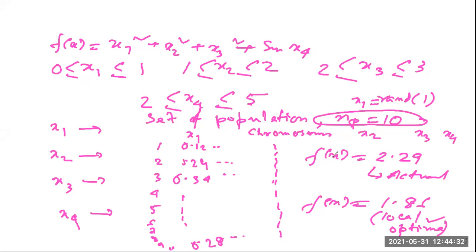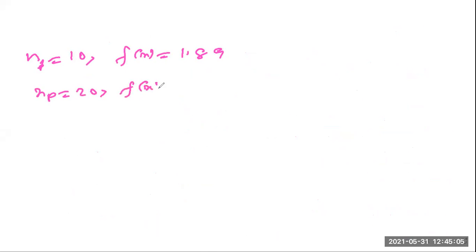Here your actual value of fx should be 2.29, and if it is trapped in a local value, it is 1.86. For example, if you have taken NP equal to 10, you are getting 1.86. Now if you have taken NP equal to 20, you are getting something like 2.01.